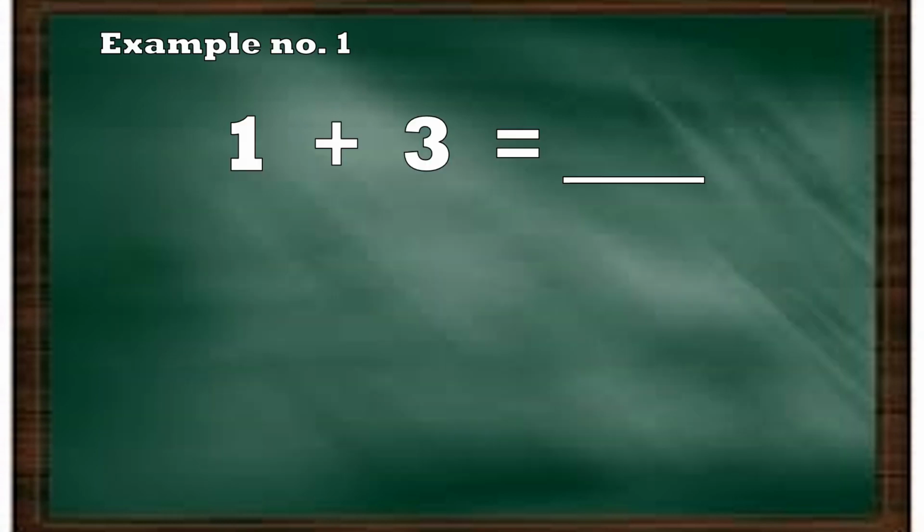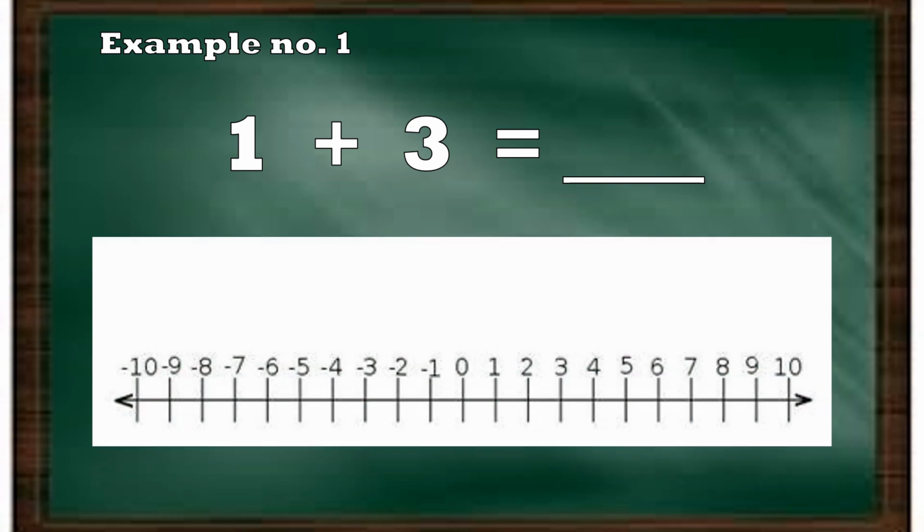Let us start with this very simple example. Example number 1. 1 plus 3. I know that you already have an answer to this question, but we will solve this using a number line so that we can prove that the answer that you are thinking of is correct.